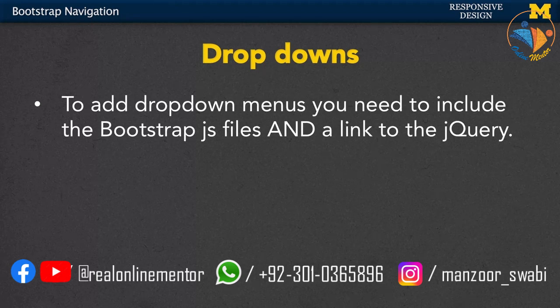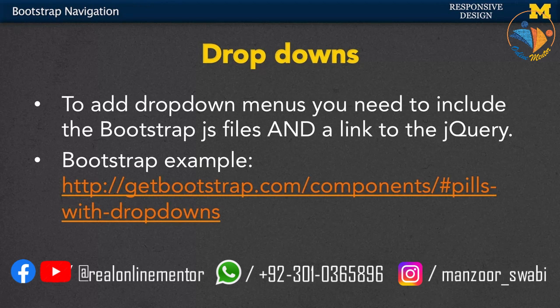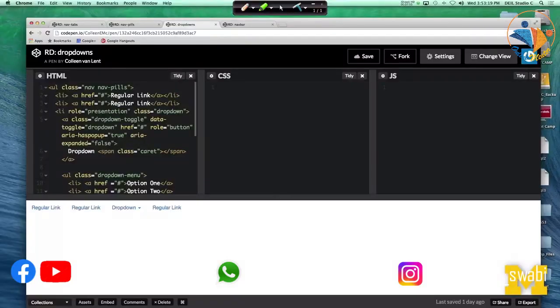So let's go ahead and take a look at what we can do. The example on Bootstrap is called Pills with Dropdowns. I've made my own example, and we're going to look at it now. It's called Responsive Design Dropdowns. So I've taken the code that they've used in Bootstrap, and I've made it so that it just looks a little bit more complete. I added in some regular links next to our drop-down link.